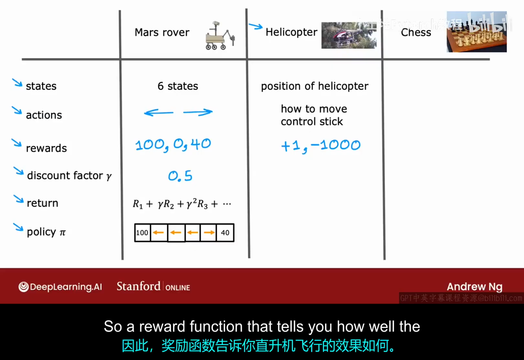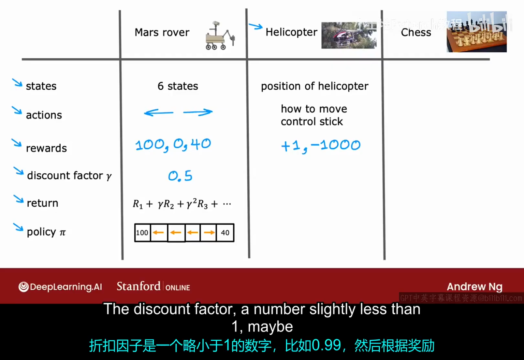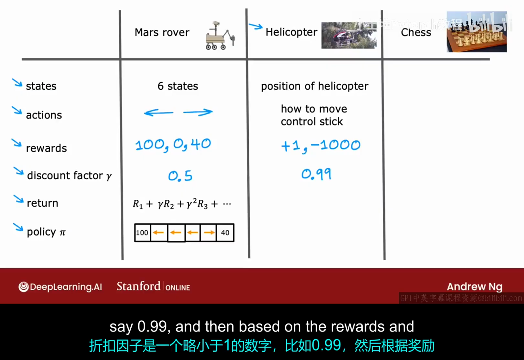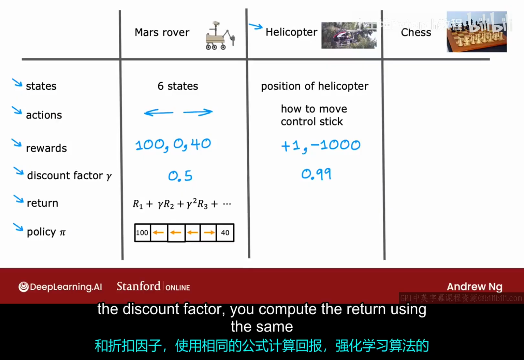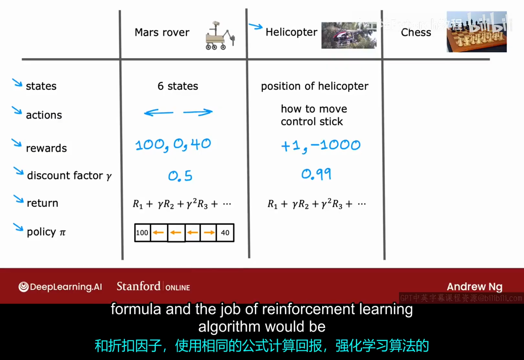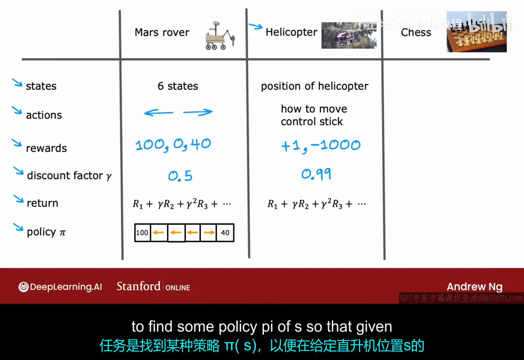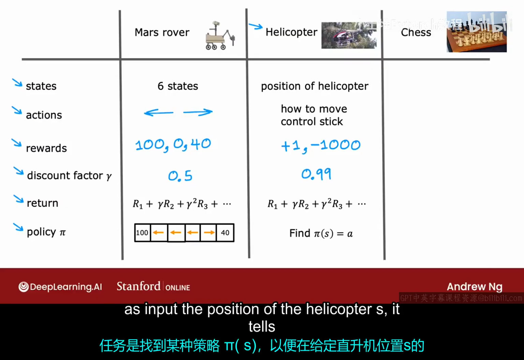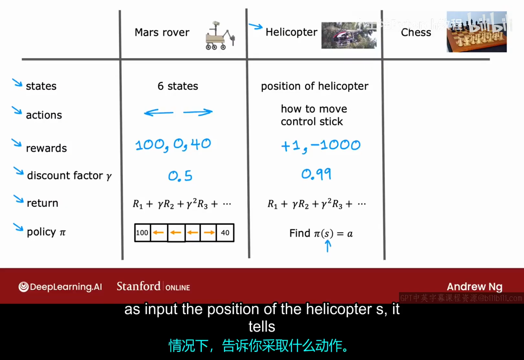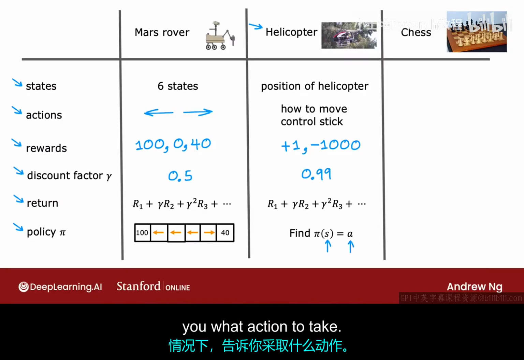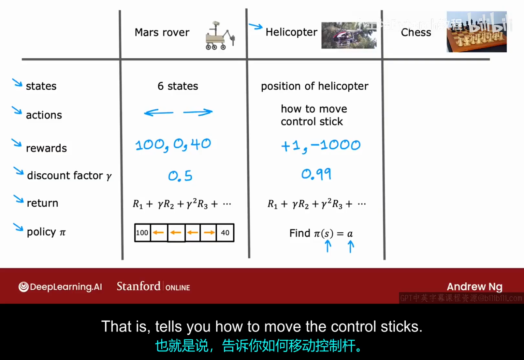So a reward function that tells you how well the helicopter is flying. The discount factor, a number slightly less than 1, maybe say 0.99. And then based on the rewards and the discount factor, you compute the return using the same formula. And the job of a reinforcement learning algorithm would be to find some policy pi of s, so that given as input the position of the helicopter s, it tells you what action to take. That is, tells you how to move the control sticks.